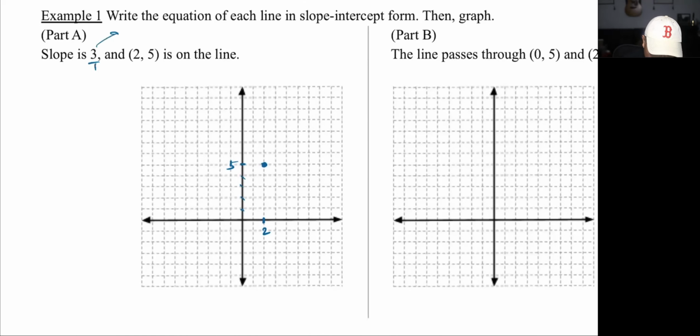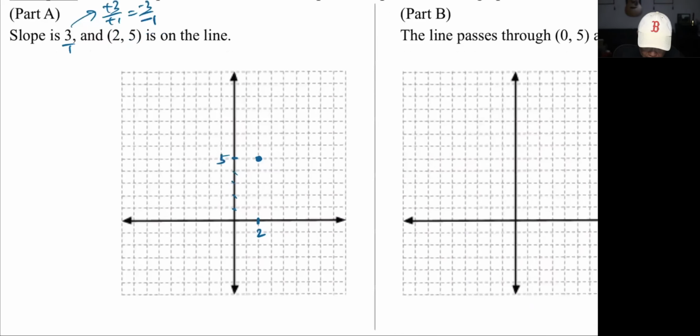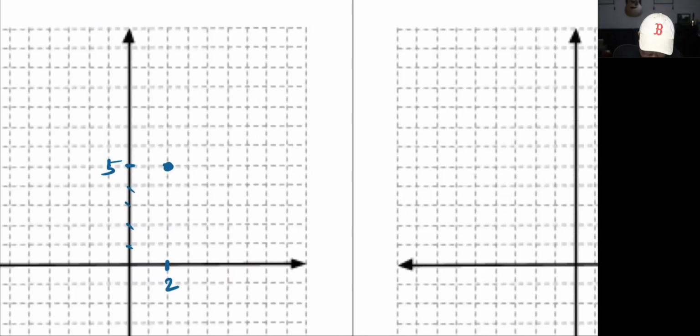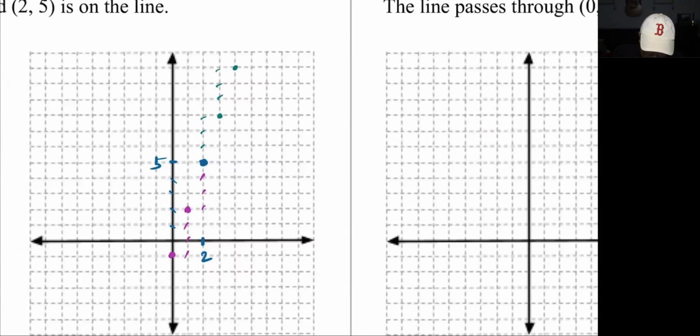When I see that, I think of it as positive 3 over positive 1, or negative 3 over negative 1. That helps me draw a better picture. So you go up 3, across 1, or you go down 3, left 1, and so on and so forth.